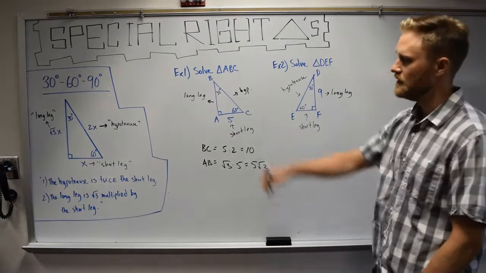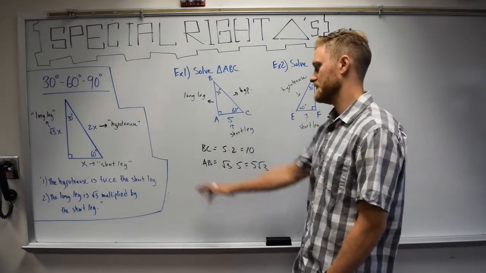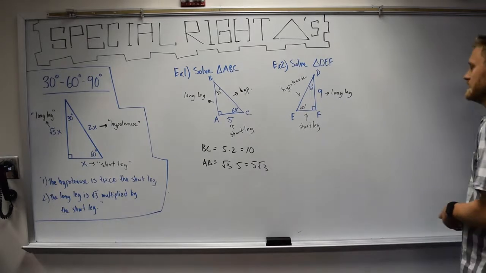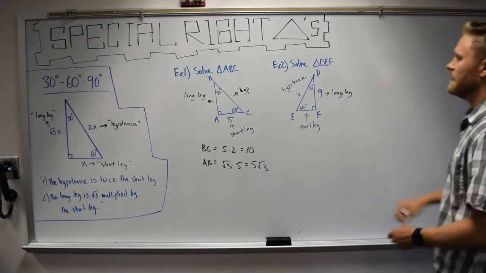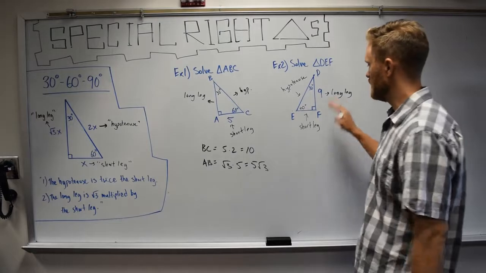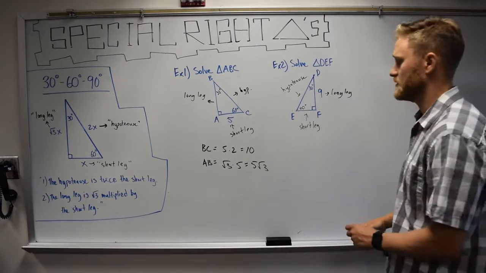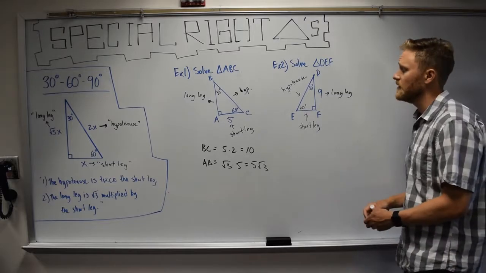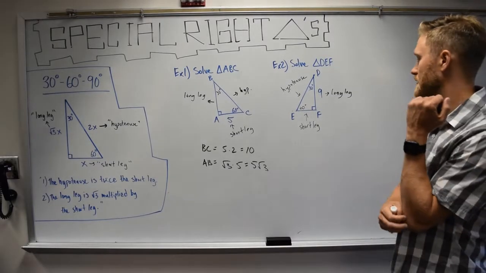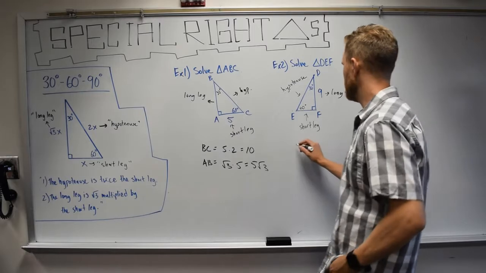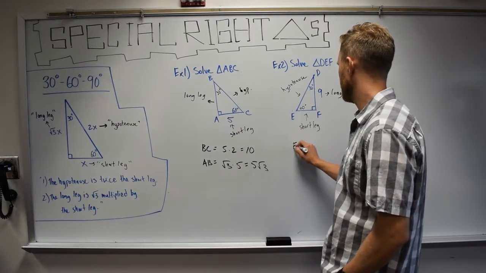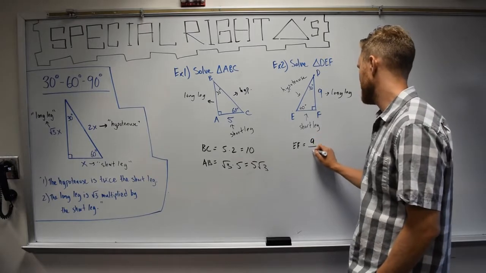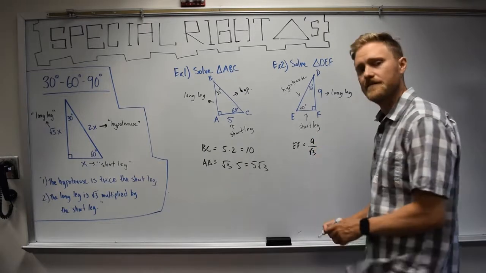So we're going to try and come up with the other two remaining sides. We're told that the long leg is root 3 multiplied by the short leg. In this one, we have the long leg and we're trying to find the short leg, so we're trying to go the other way. Instead of multiplying by the square root of 3, we're going to divide by the square root of 3. So EF is going to be equal to 9 divided by the square root of 3.